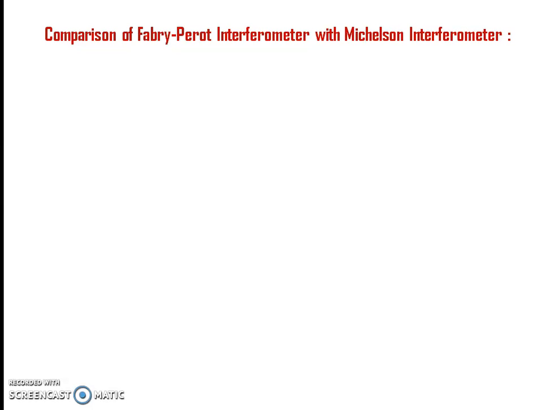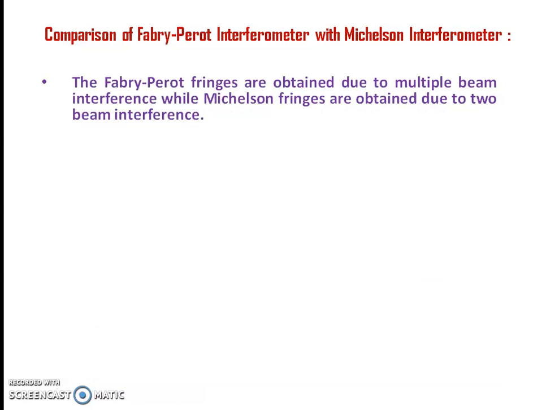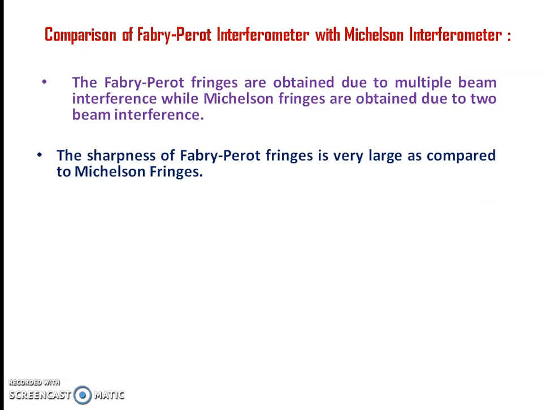But let us study some more differences. The first one: Fabry-Perot fringes are obtained due to multiple beam interference, while Michelson's fringes are obtained due to two beam interference.